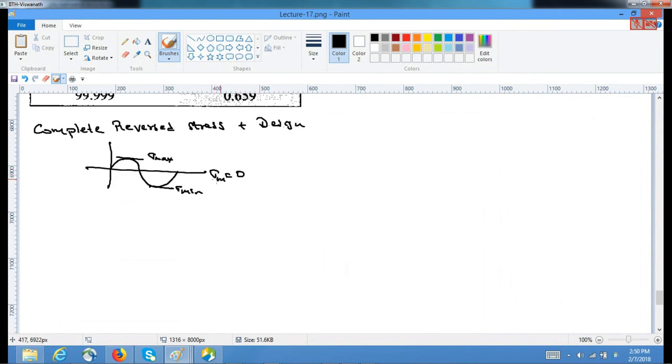So sigma max plus sigma min divided by 2 is equal to 0 is a case of complete reversal. So sigma max is equal to minus sigma min.